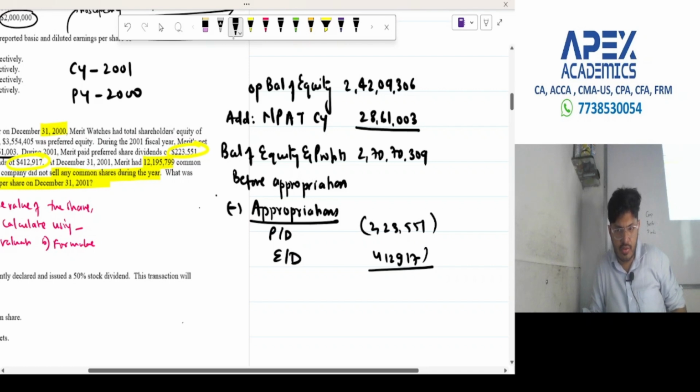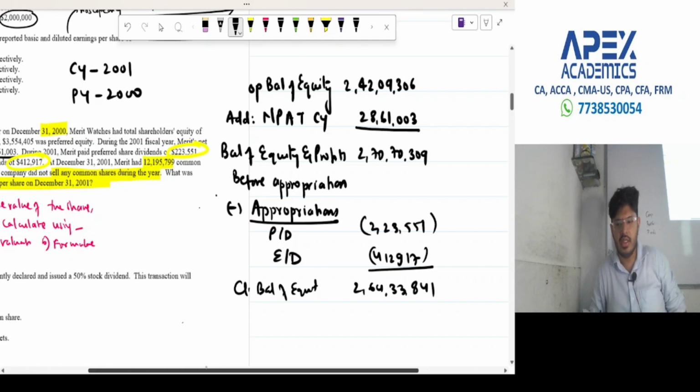If I subtract these two items from 2 crore 70 lakh, I am left with the closing balance of equity, which is 2 crore 64 lakh 33,841. This is the closing balance of equity.